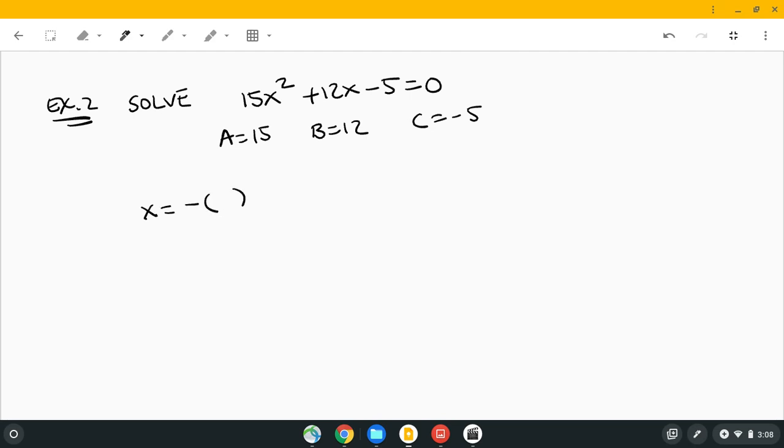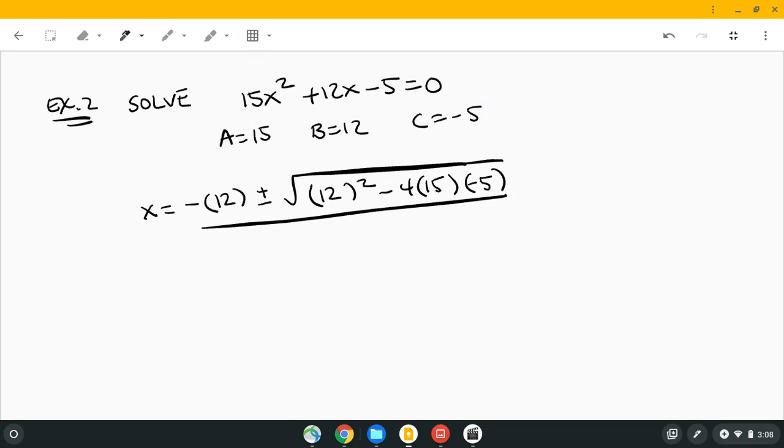X equals negative b is 12, plus minus square root, and then b squared. So b is 12 minus 4 times a is 15, times c is negative 5, all over 2 times a is 15.